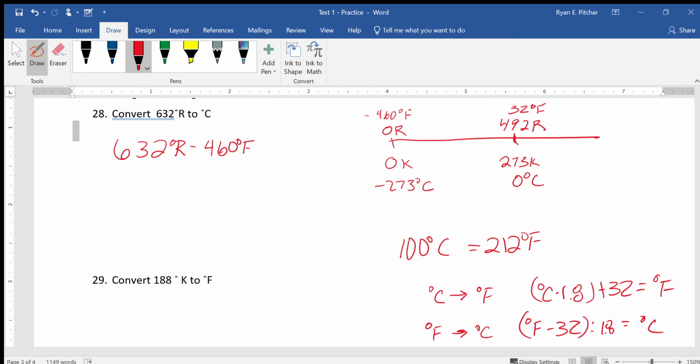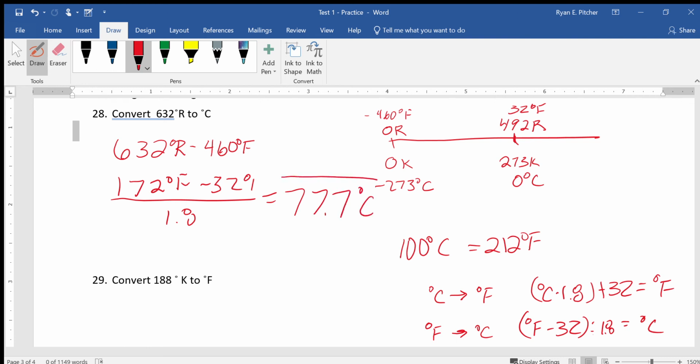And so this is going to equal 172 degrees Fahrenheit. Then we minus 32 degrees, and then divide by 1.8. That equals 77.7 degrees C.